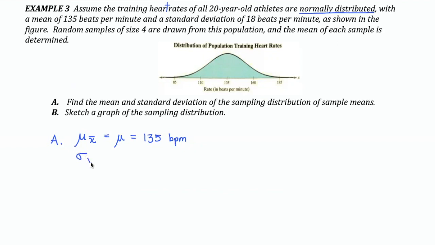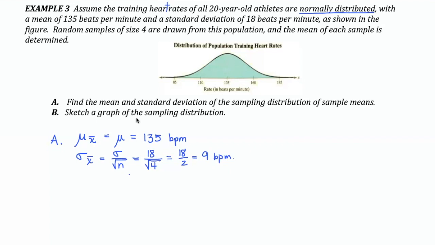And the standard deviation of the sample means is the population standard deviation divided by the square root of the sample size. Standard deviation for the population was 18 divided by the square root of 4, which is really just 18 divided by 2, which is 9 beats per minute.